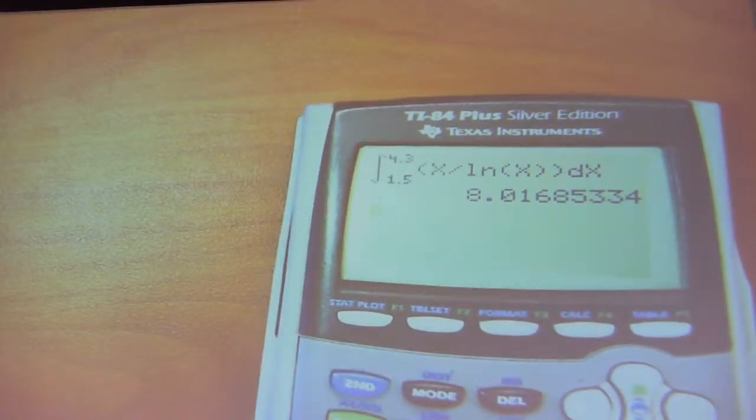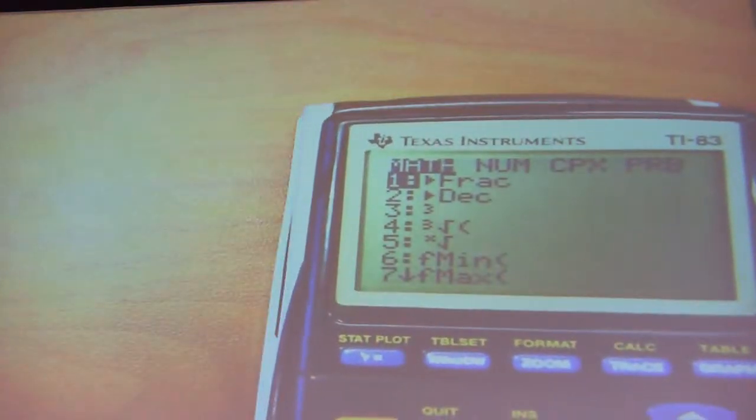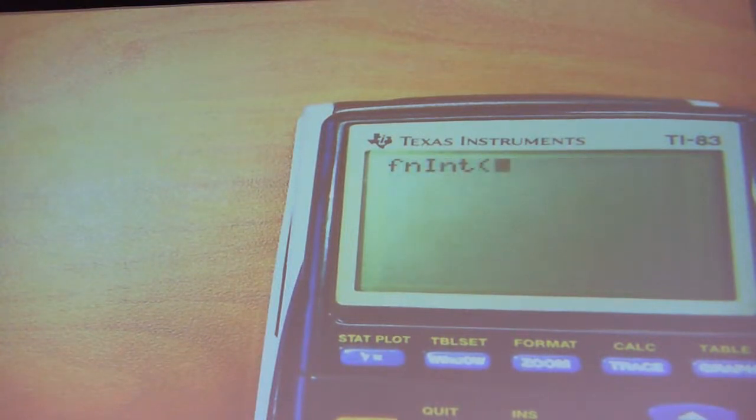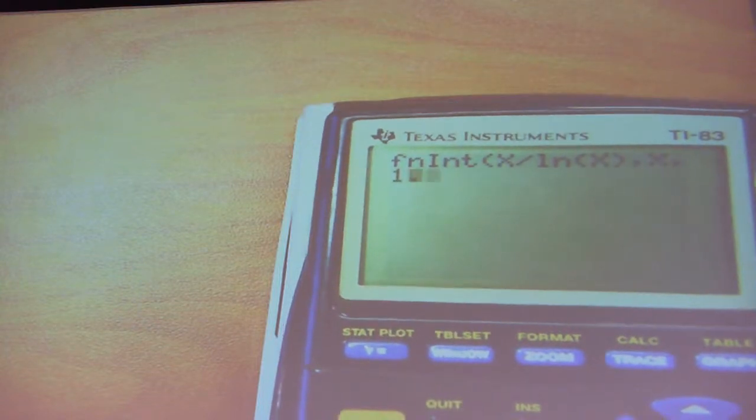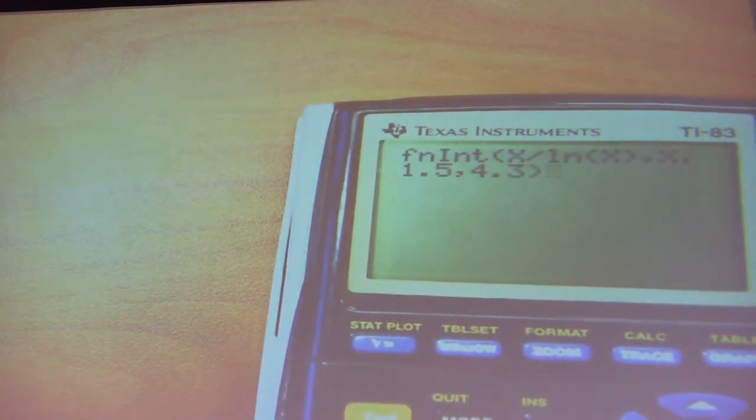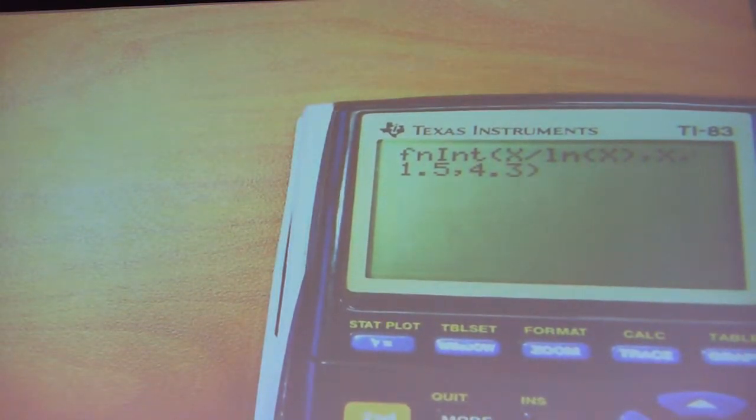So calculator 2 would be math 9. First type in the function x divided by ln of x, comma x, comma lower 1.5, comma upper 4.3. Same answer. Okay?